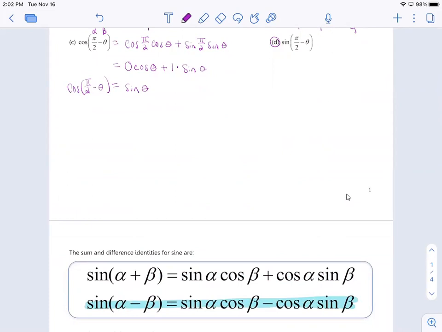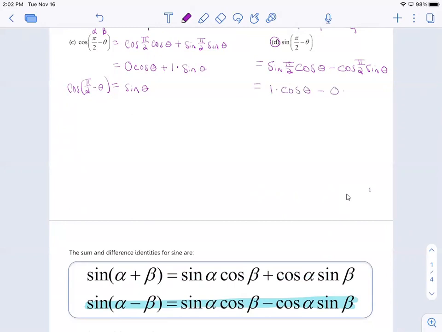So that says do sine of alpha, which is sine of pi over 2, times cosine of beta, which is theta, minus cosine of alpha, pi over 2, times sine of theta. Sine of pi over 2 is 1, times that by cosine theta.